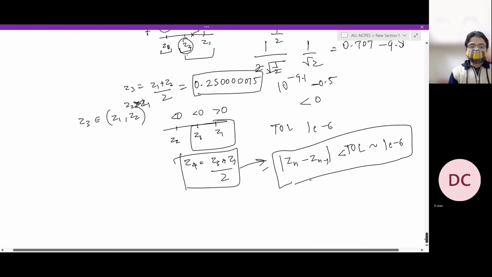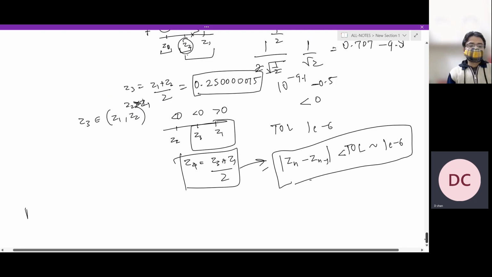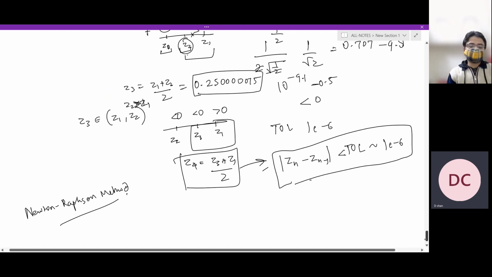And another method that you could actually use is, let's talk about the Newton-Raphson method. Okay. So I think you might already be really familiar with the Newton-Raphson method, right? Or should we do a problem?